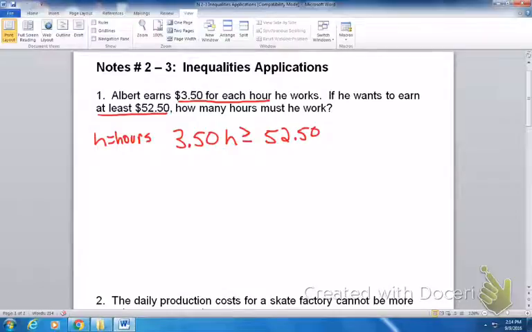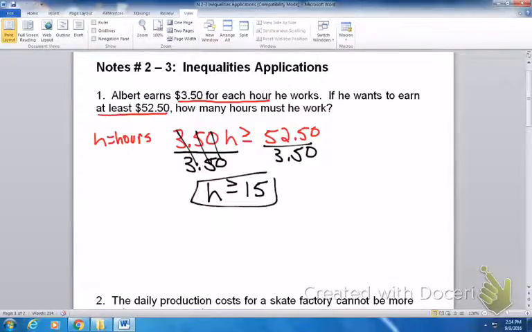Well, I have $3.50 times H is greater than or equal to 52.50, so to get H by itself, I divide by 3.50 on both sides. The 3.50s cancel over here, so the number of hours I have to work is going to have to be greater than or equal to 15. And there is our answer.